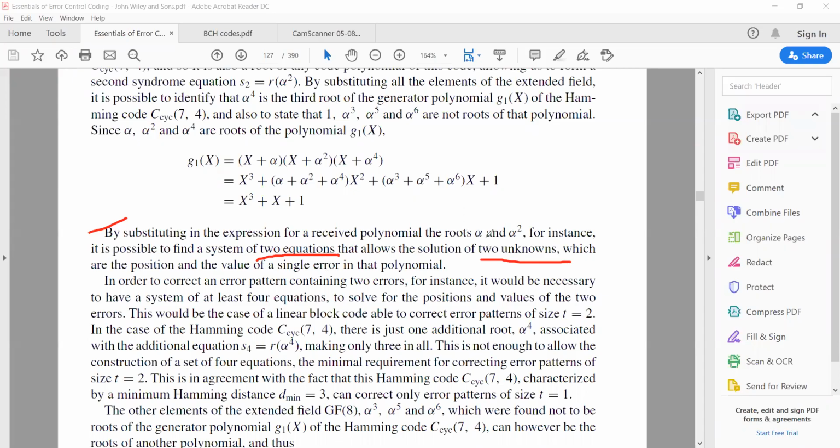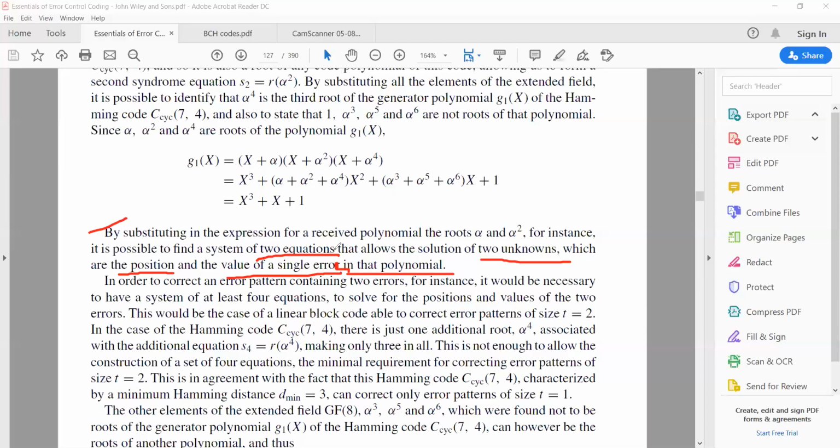By doing this, we generate two equations of two unknowns, the position and the value of the single error in that polynomial. So for the single error, to detect or correct it, we need two equations.